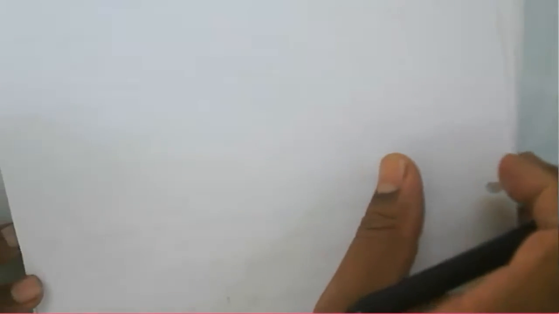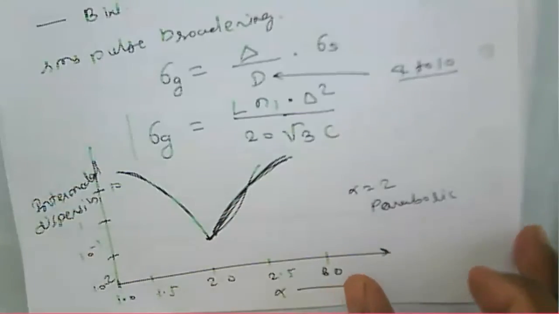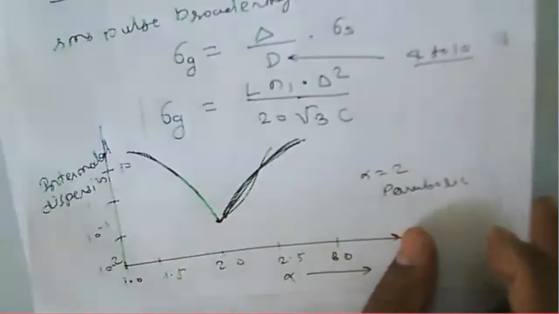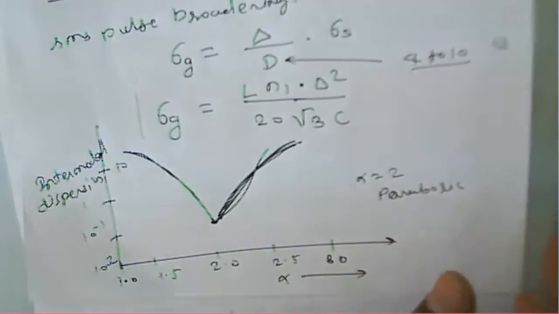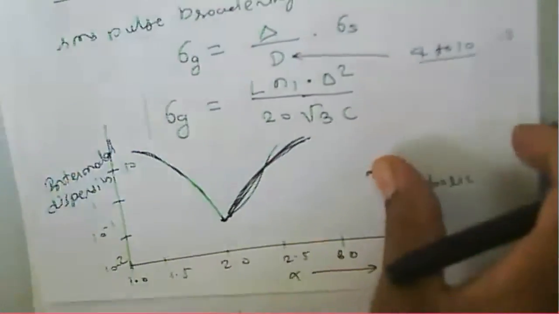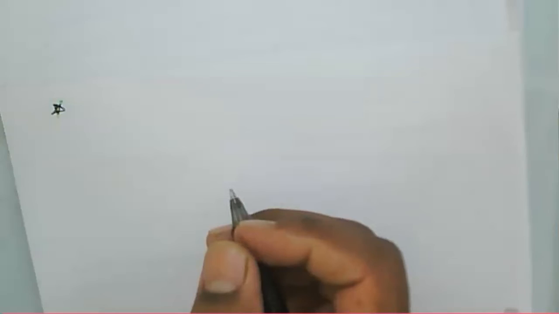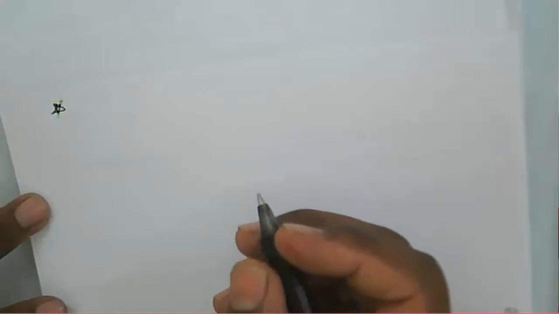So next we can compare what the dispersion values are for the single mode step index fiber, then a multimode step index fiber and a multimode graded index fiber. As we said earlier, intermodal dispersion for the single mode step index fiber will be 0 here, or no intermodal dispersion.